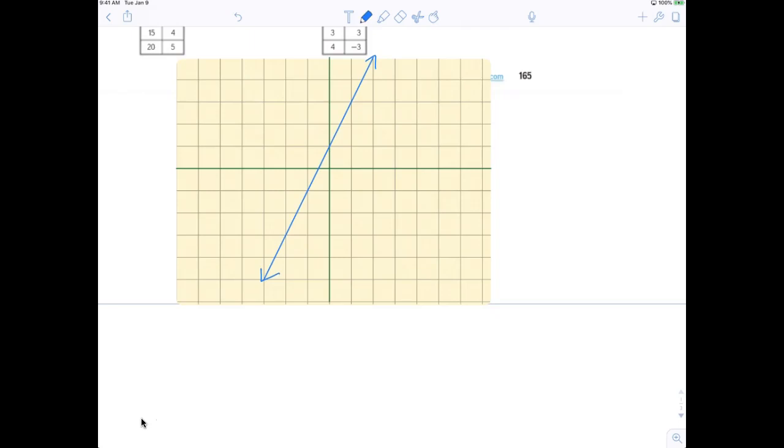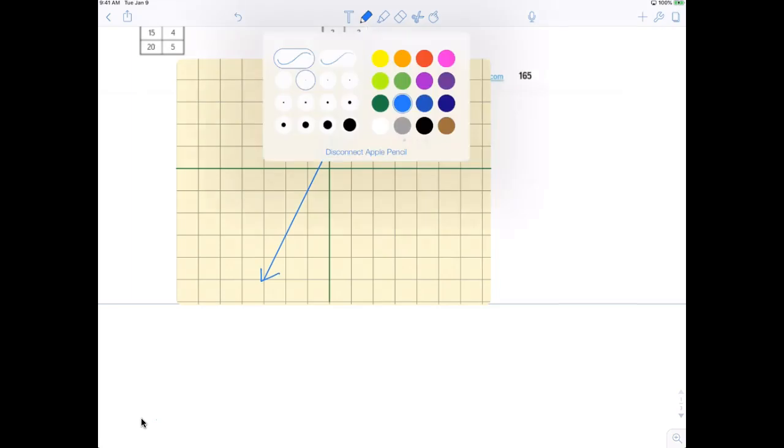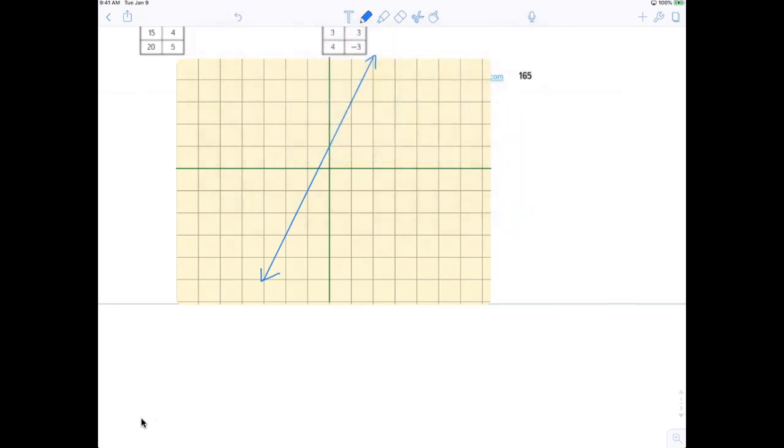Positive what, though? Somebody take a stab at it. Positive what? Good. 3 over 1. What do you think?